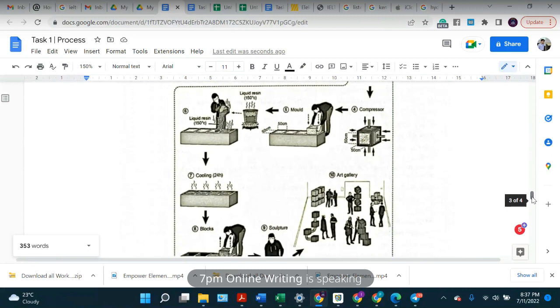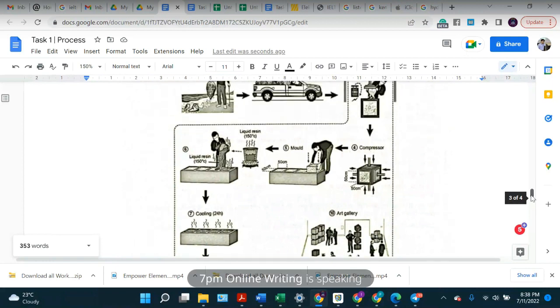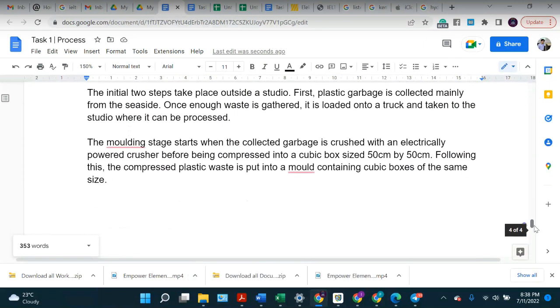And then we have, in a separate place, liquid resin being prepared, right? Being heated. So they don't mention it as a separate stage. So we could just say liquid resin heated to 150 degrees Celsius is added. Okay. In the next step, or in the next stage, can we say stage? I think step is better because every paragraph is a stage here.